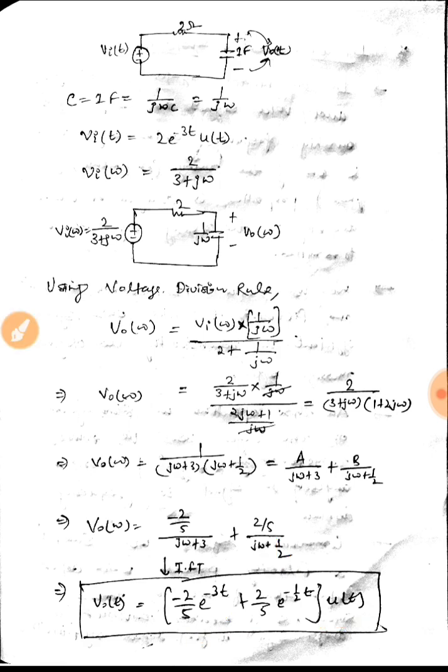So this is how we can solve basic circuits to get the current or the output across a particular element using the Fourier transform. This is one of the applications.